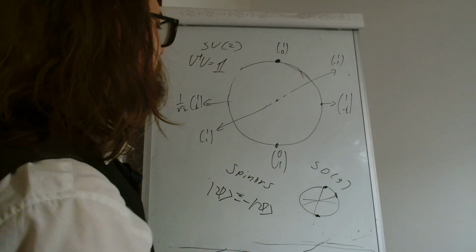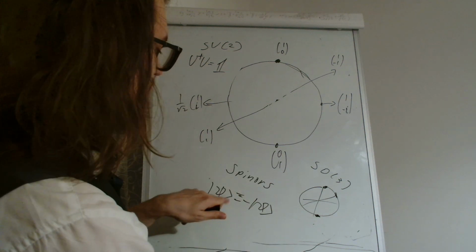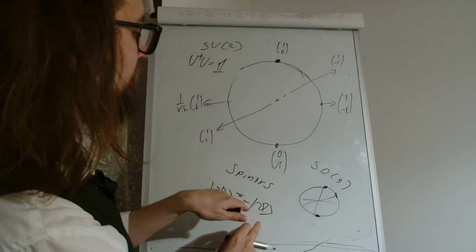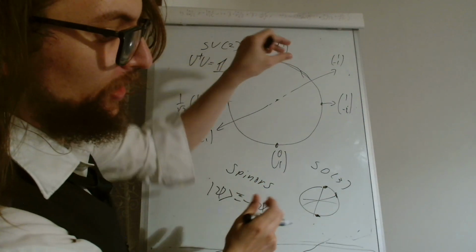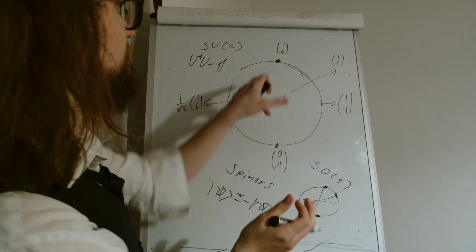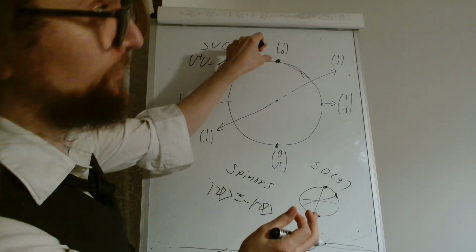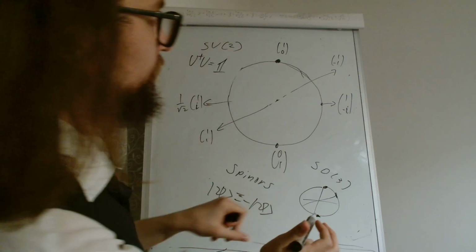For example, since the state minus psi is equivalent to the state psi, two vectors, one opposite to the other, lie on the same point. They represent the same point of the sphere, right?